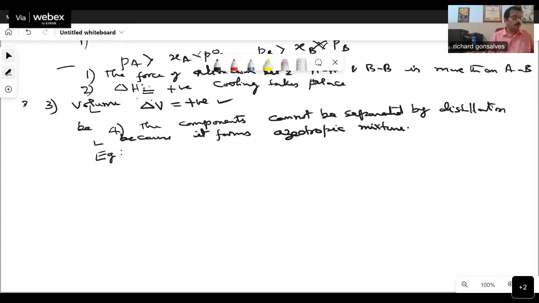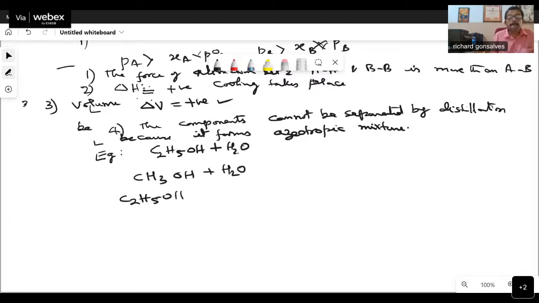Examples for solutions showing positive deviation from Raoult's law. One is ethanol and water. You can also take methanol and water. You can take ethanol and acetone. Acetone is CH3 CO CH3.